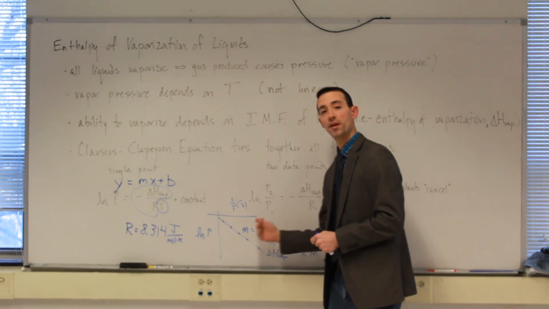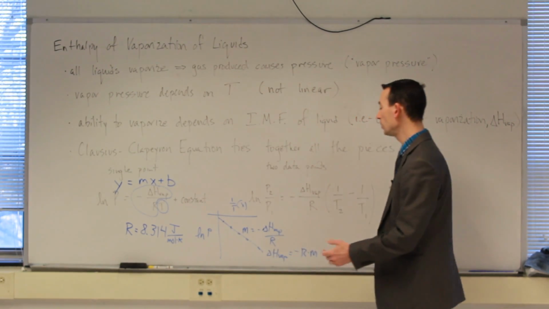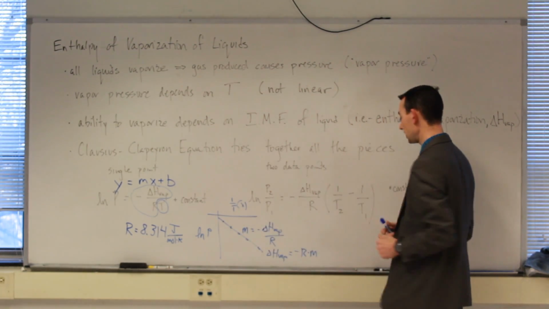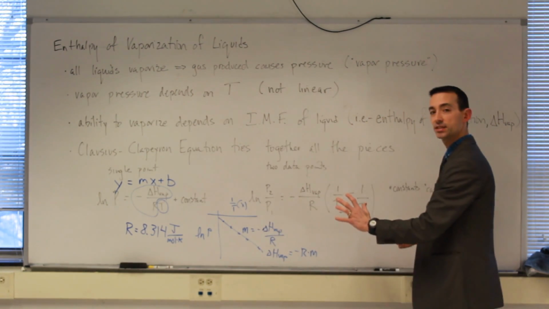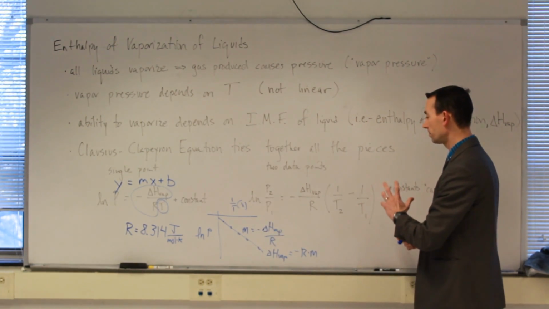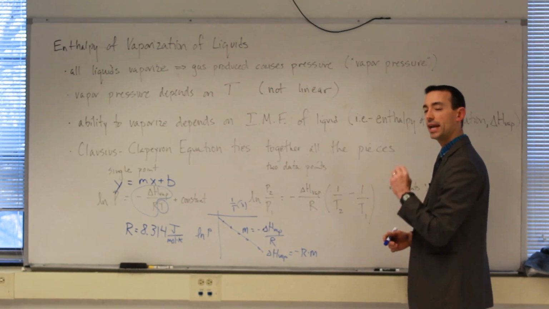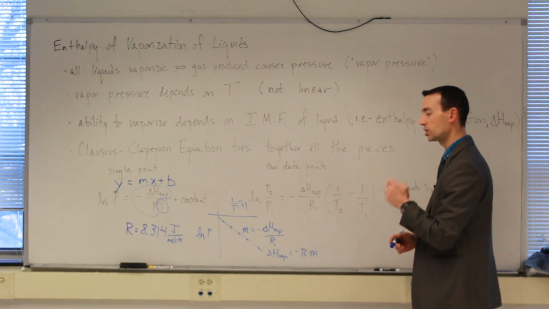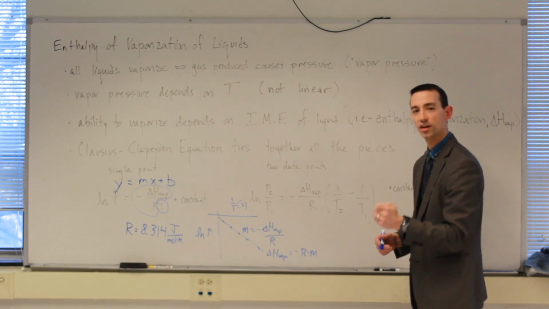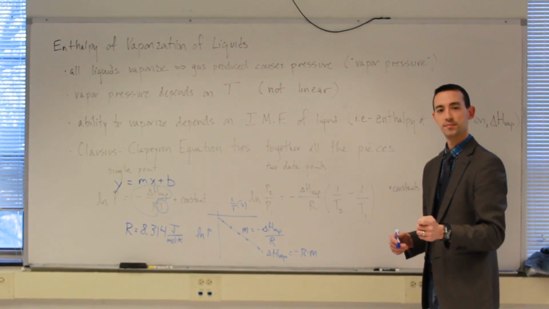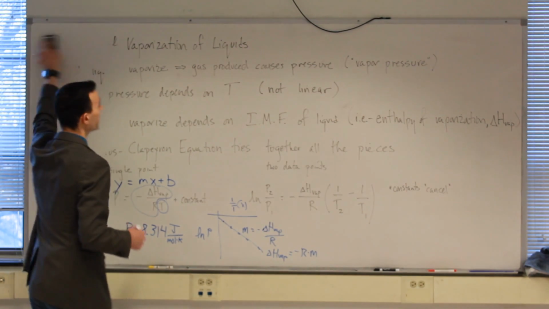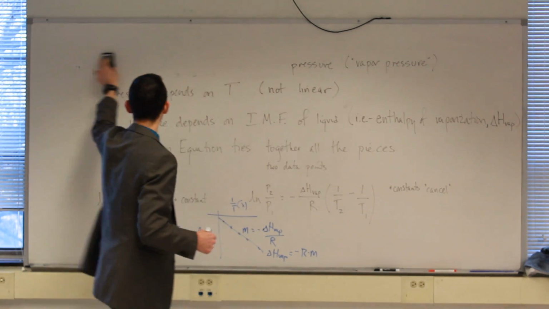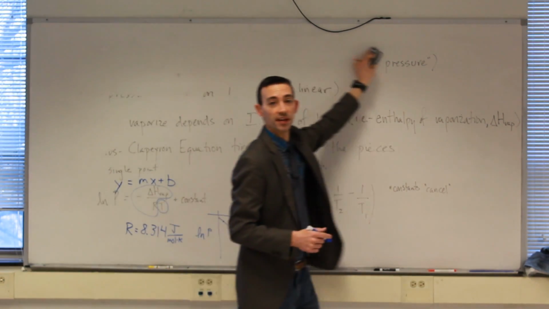Once you have the enthalpy of vaporization, then you will come over to the 2-point Clausius-Clapeyron equation, and we'll manipulate this in order to determine the temperature at which we would achieve a particular vapor pressure. Now that particular vapor pressure that we're hoping to achieve is 1 atmosphere.